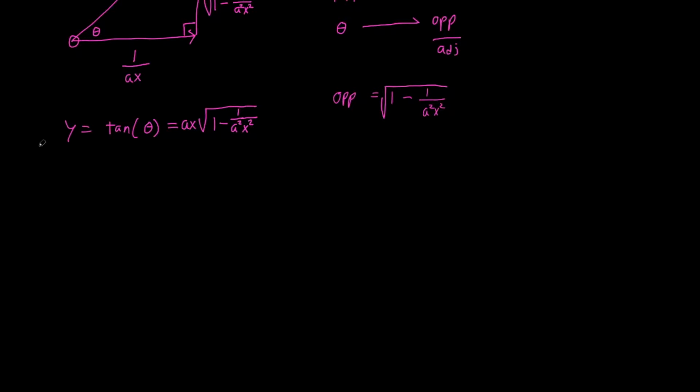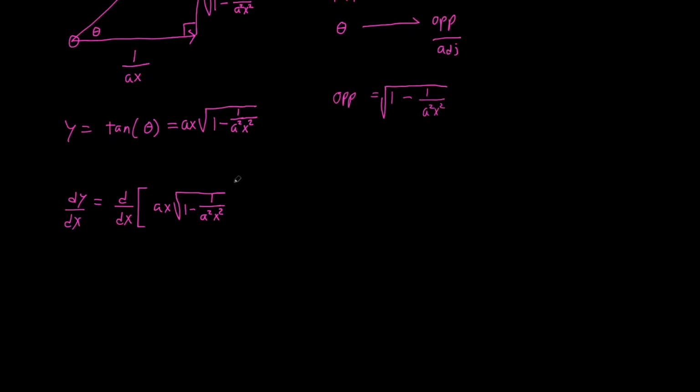So now we'll take the derivative of both sides with respect to x, and we get the derivative of y equals the derivative of ax times the square root of 1 minus 1 over a squared x squared.